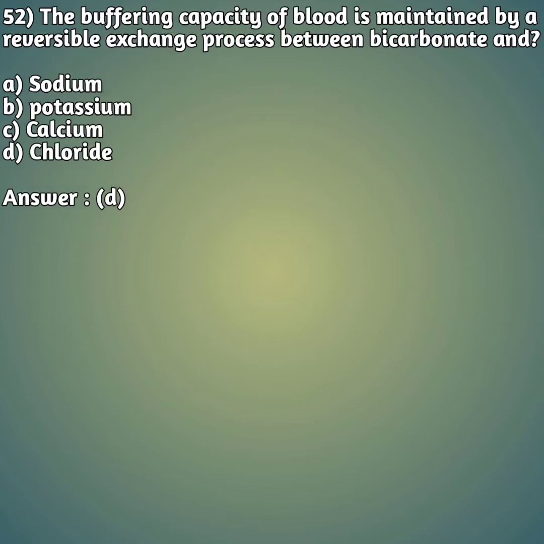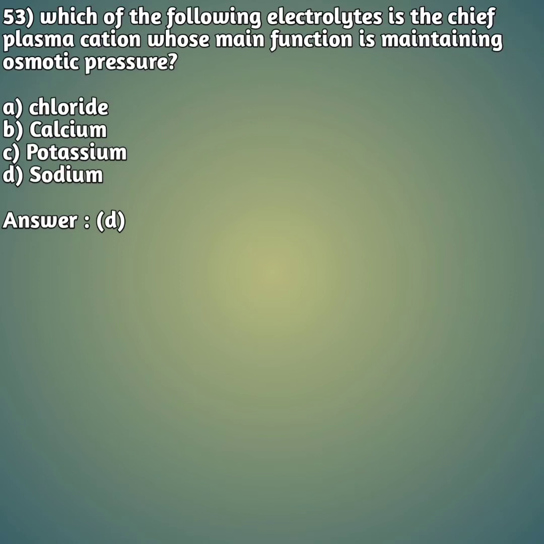Moving to our 52nd question. The buffering capacity of blood is maintained by a reversible exchange process between carbonate and what? Option A, sodium. Option B, potassium. Option C, calcium. And option D, chloride. So the right answer is answer D, chloride, in the exchange process between bicarbonate and chloride. Moving on to our 53rd question.